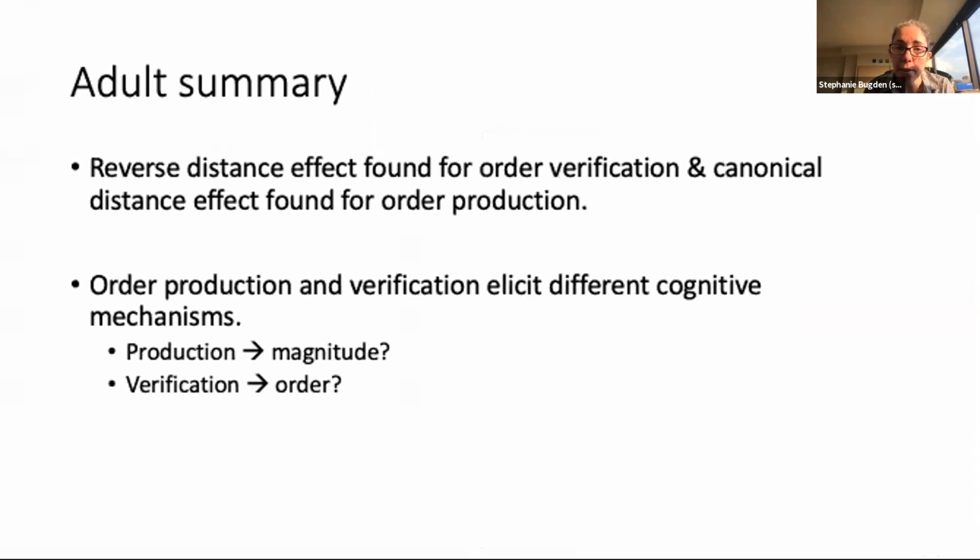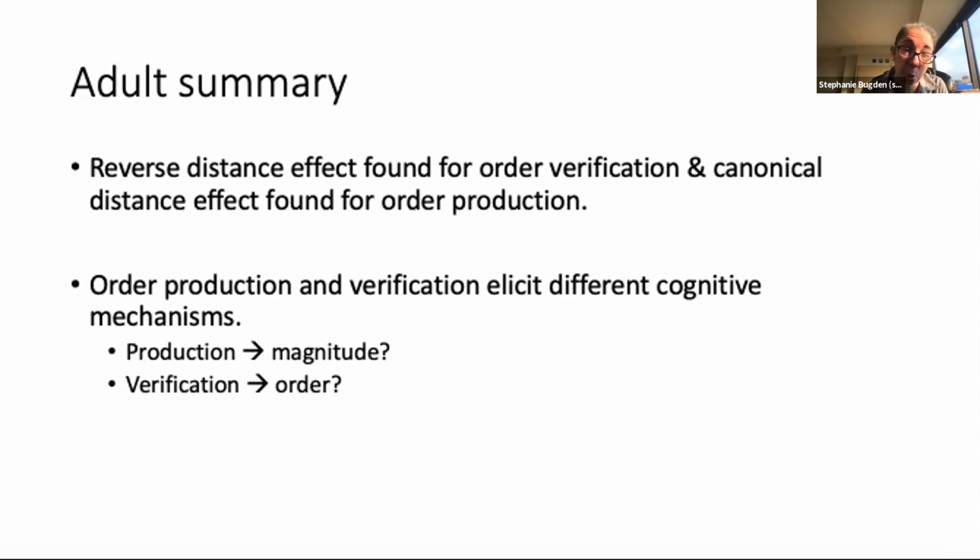So just quickly, the adult data I presented here is a pre-registered replication of the initial results. Across both studies, we find that verification tasks produce reverse distance effects while the production task elicits canonical distance effects. These findings might suggest that the order production task taps into distinct cognitive processes. I did not find significant differences in accuracy between the tasks or in the response times for the first response in the order production task.